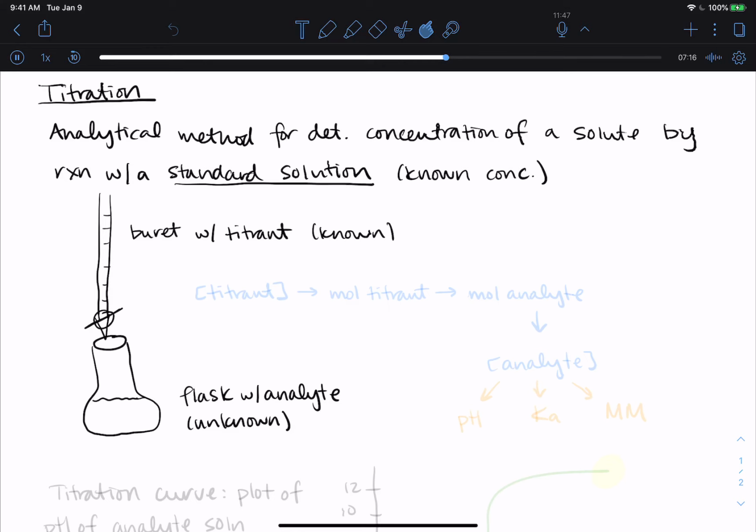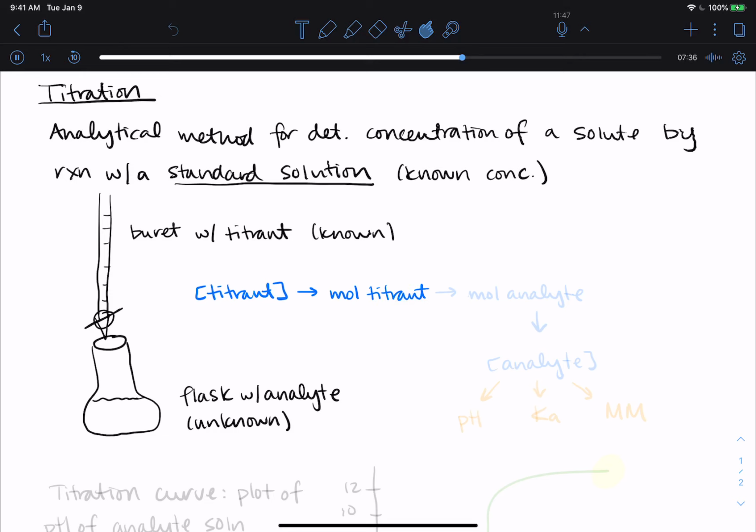Let's do this in some kind of different color. You know the concentration of the titrant. So you will add titrant to your unknown until you get to whatever the end point is. From the concentration, you can get the number of moles of titrant that you added.